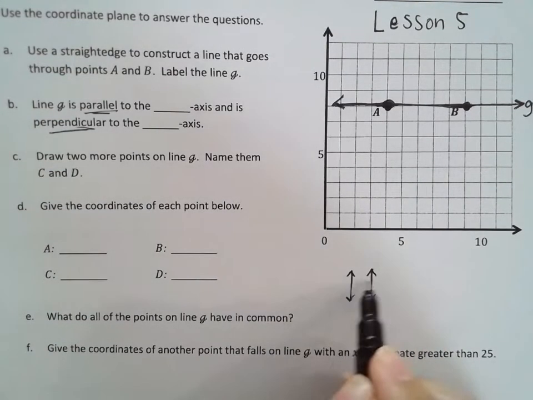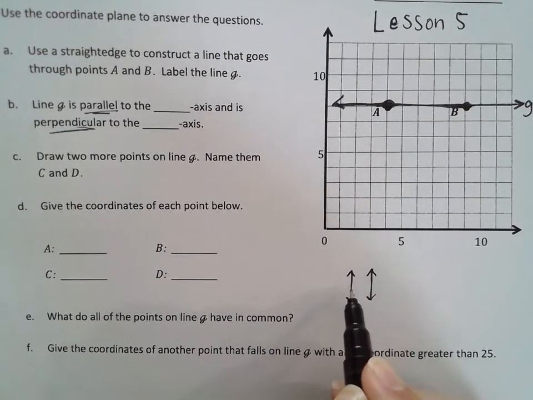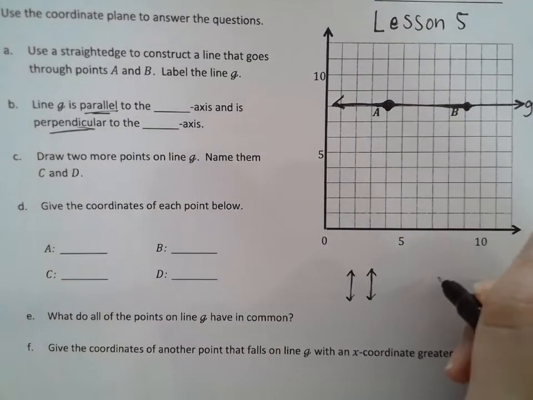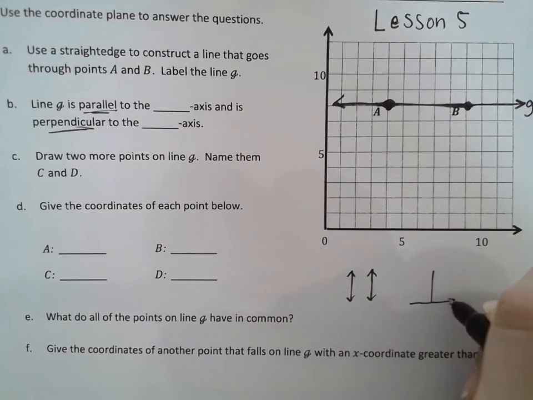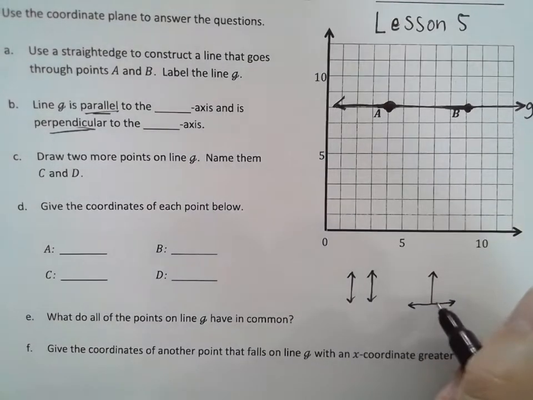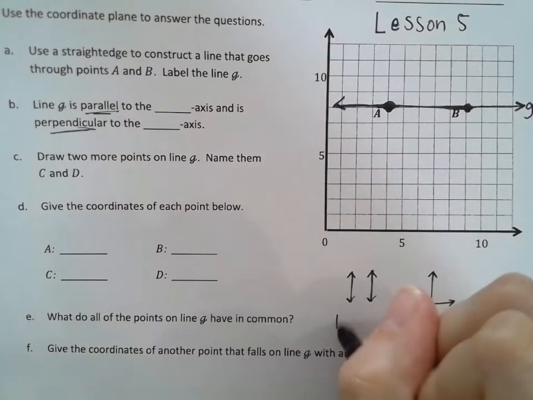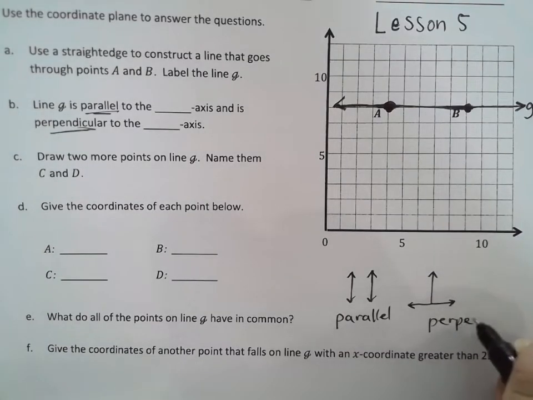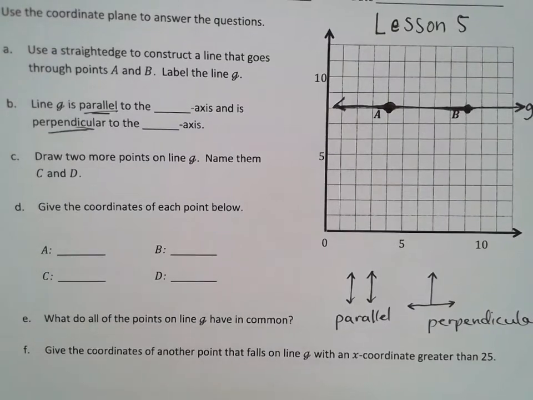So if this was 3 centimeters apart and this is 3 centimeters apart, they would never intersect. Perpendicular is when they intersect to form right angles. If you want to write those down as a reminder, now is the time, and remember, you can write all these notes down in your notebook, okay?